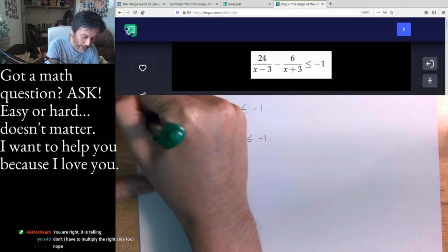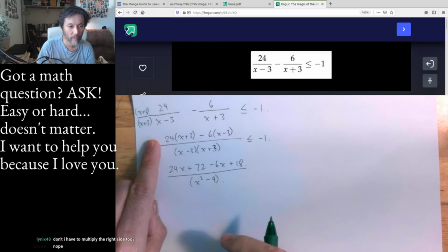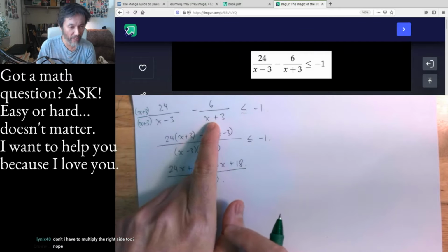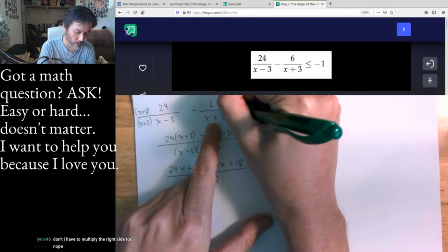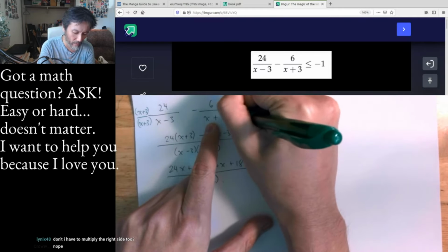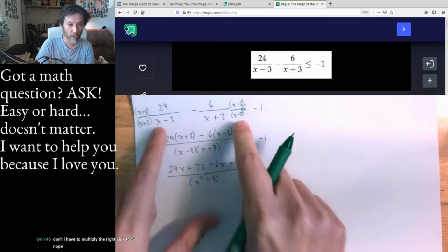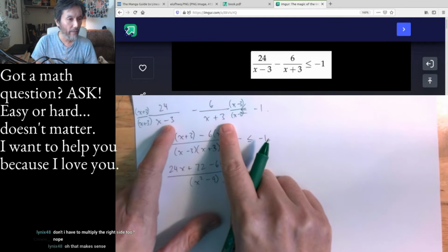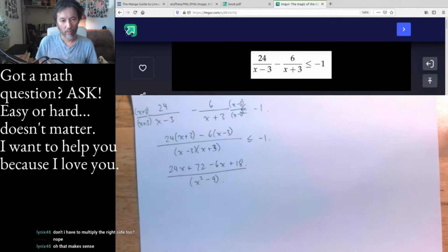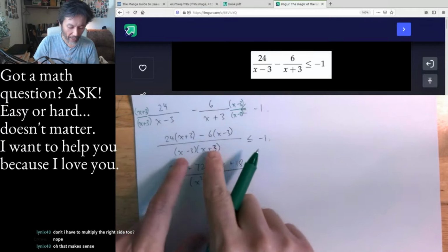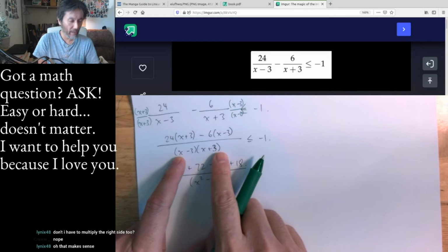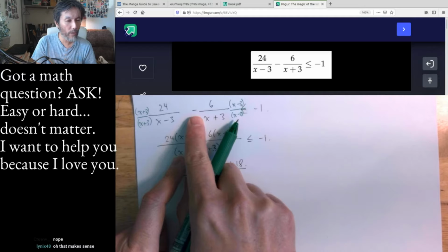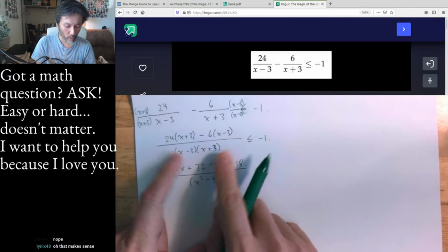I multiplied it by x plus 3 over x plus 3. And this guy here, I've multiplied by another, different fancy version of 1, x minus 3 divided by x minus 3. And so all I've done was multiply each of these terms by a fancy version of 1. The reason that I do that is to make a common denominator so that it's straightforward for me to subtract the numerators, which is what I have here.